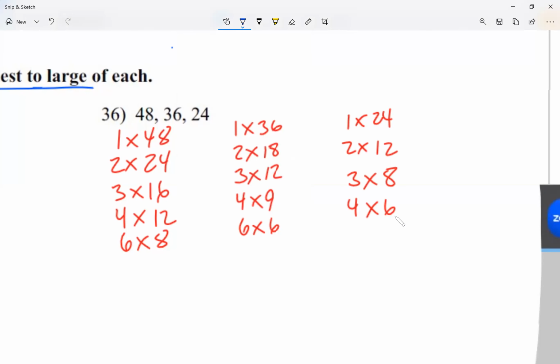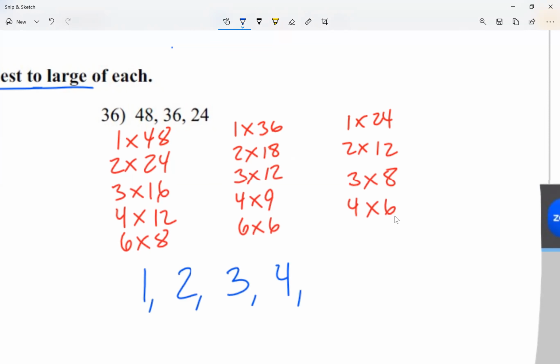Right, factors again are multiplications. The numbers that multiply will give me a product. Product is the result of multiplication. I wanted all the multiplications that are equal to 48, all the multiplications that are equal to 36, and all the multiplications that are equal to 24. Now, common factors, it has to be in all of them. Okay, so 1 is the smallest that I see. 2 is also a common factor, right? It's in all of them. Then I see 3.